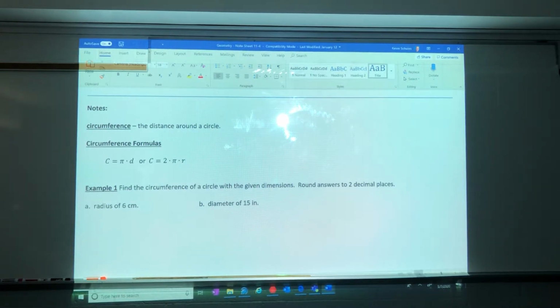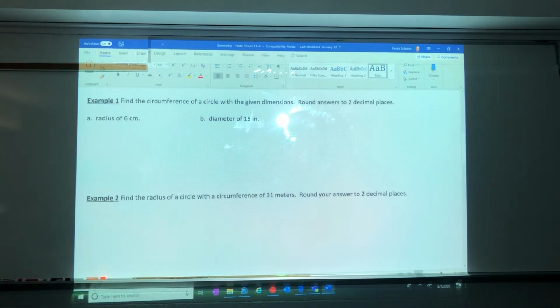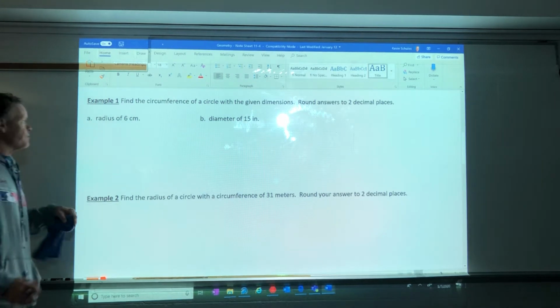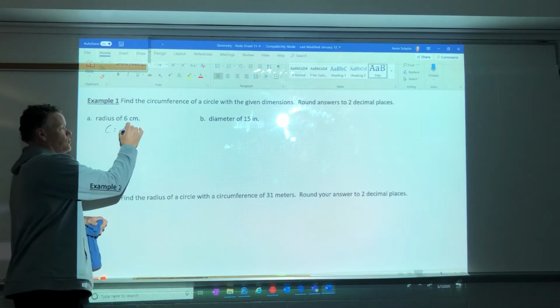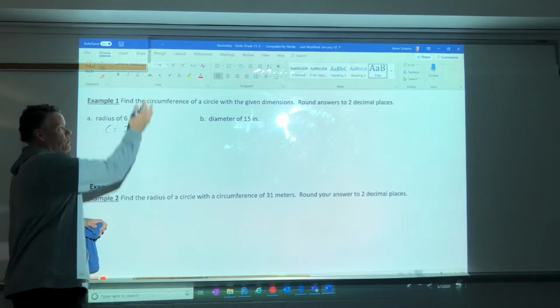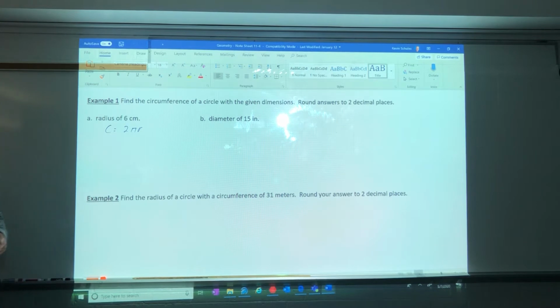They give us the radius, so we could, if we wanted to, double that and make that the diameter, but they just gave us the radius, so we're just going to make this circumference equals 2 pi r. Again, we could use either one, but since they're giving us the radius, we'll use that.